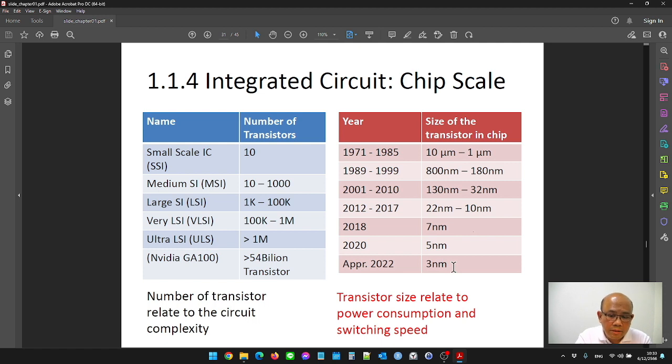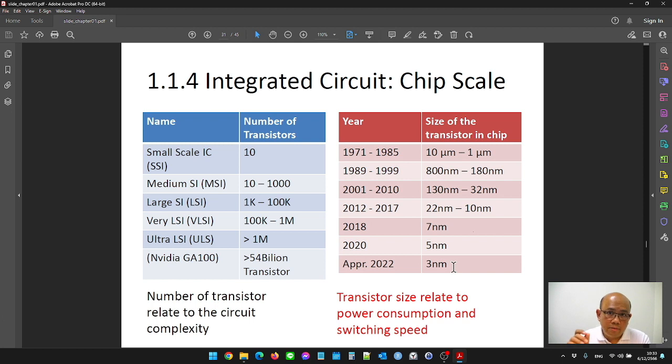For example, if you have a distance from here to here of about 1 meter, and you cut it into about 3 billion pieces, that is 3 nanometers.